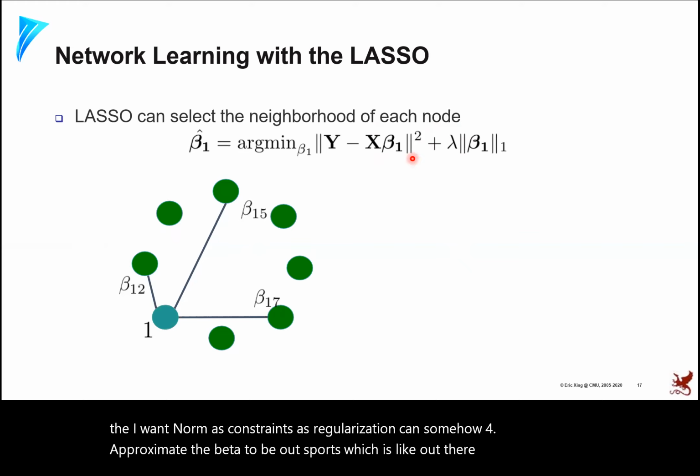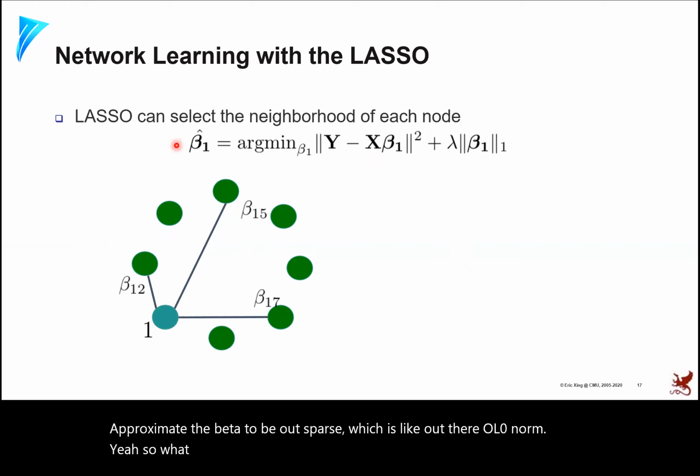So all we want to do is to solve the lasso regression for each of the nodes against all the other nodes.